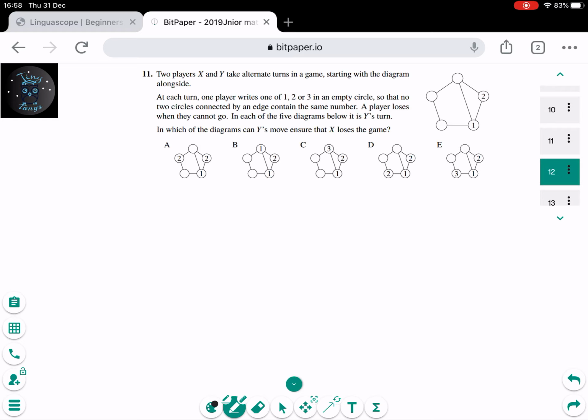The really important thing about this is that there's a line over here which changes quite a lot of things.